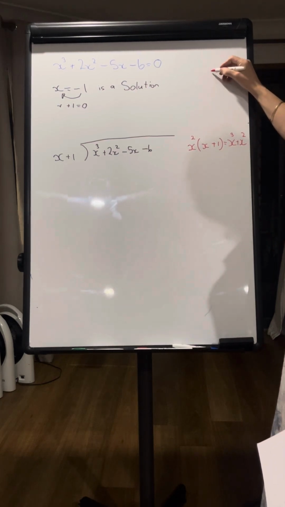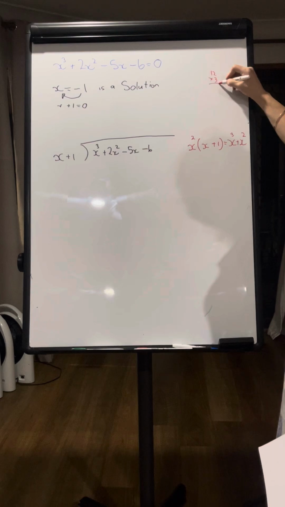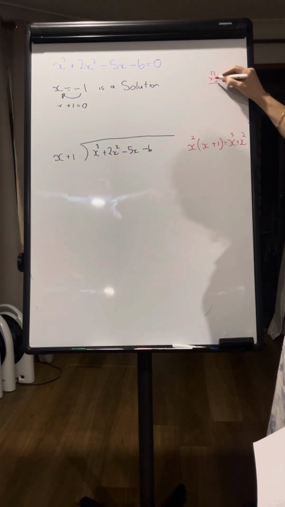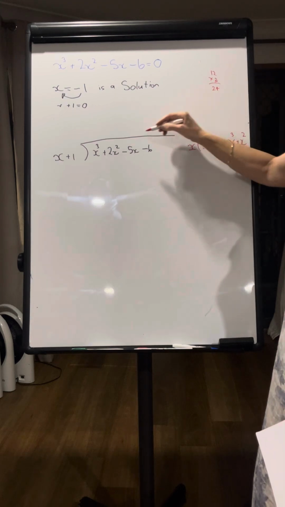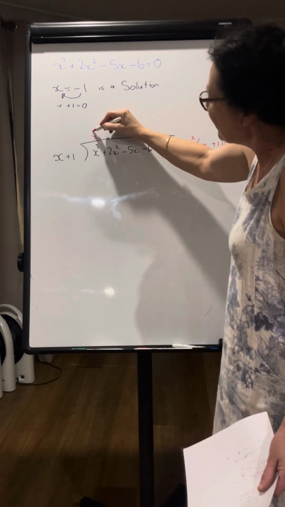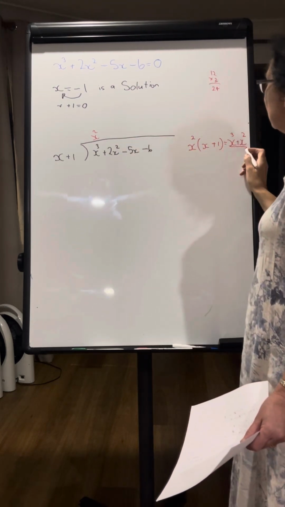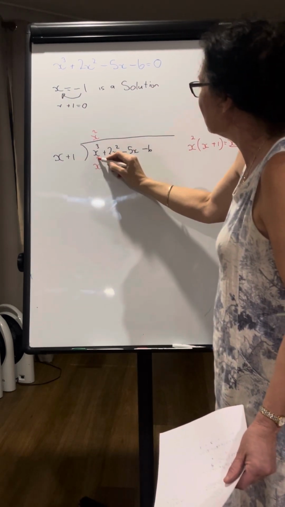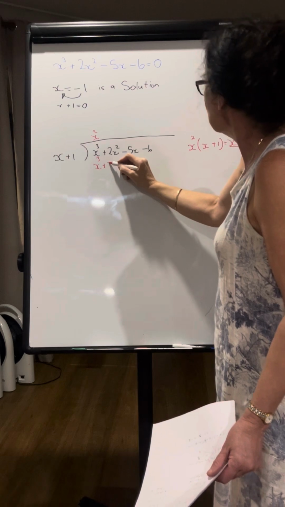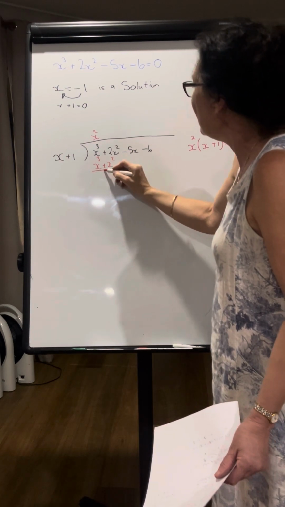Now that's the same as doing like my 12 times 2, wasn't it, my example, was 24. This is the 2, so that goes over the top of that, and this, the answer, goes underneath. So x cubed plus x squared. And I minus them.